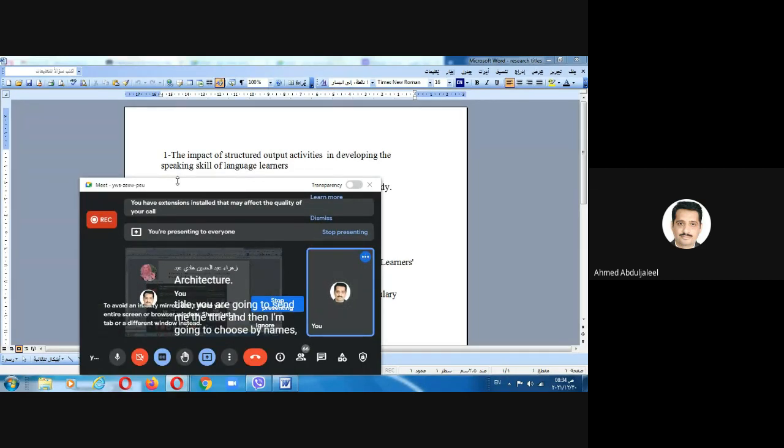For each student, I'm going to see the title, and then the student will explain to me the title: what is the aim, and is there a practical part or not, just to have an outline for a suggested title. But the explanation will be done orally. I wouldn't like the aim to be written, like what I did now.